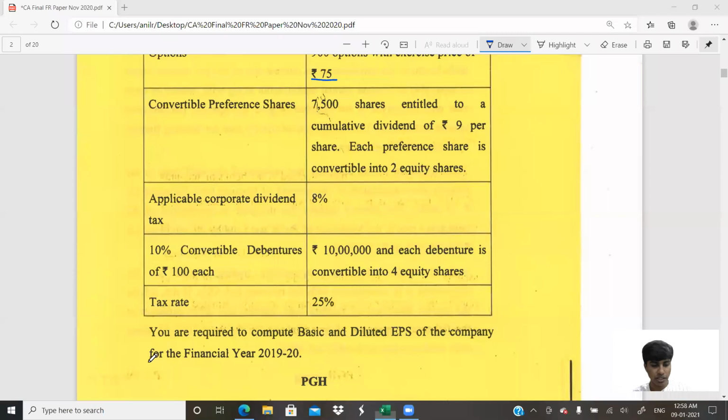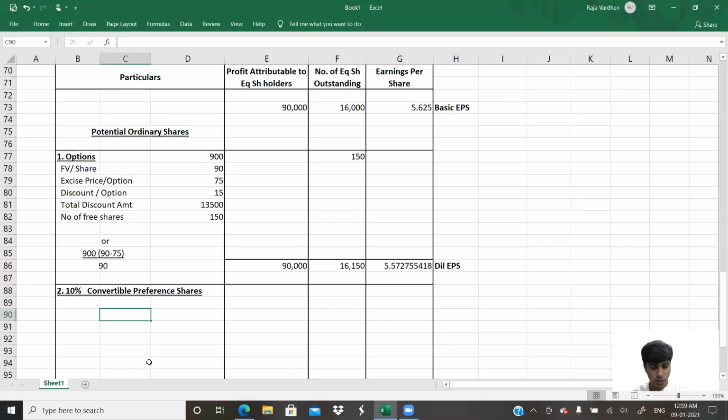How much is this money? This is 10 lakh rupees. I'll make it simple.